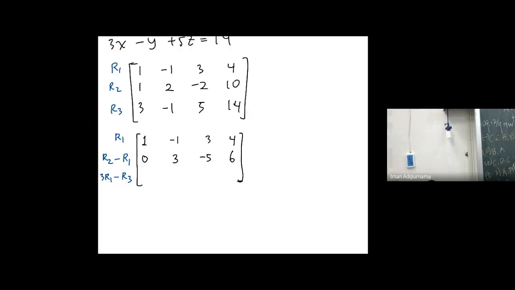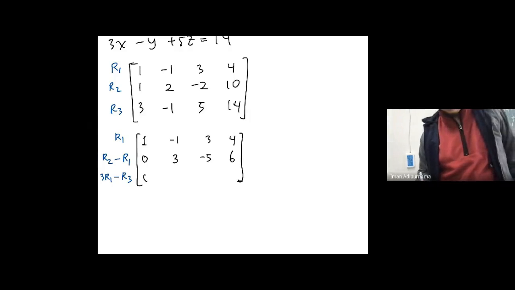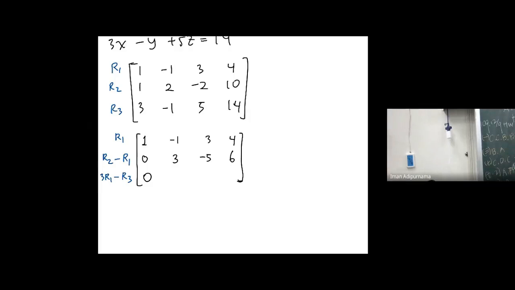So 1 multiplied by 3, 3 minus 3, 0. Okay. 3R1, negative 3 minus 1, so negative 3 plus 1 is negative 2.